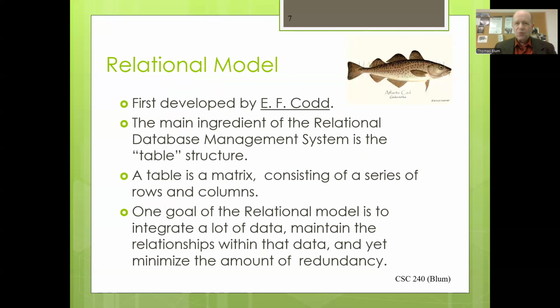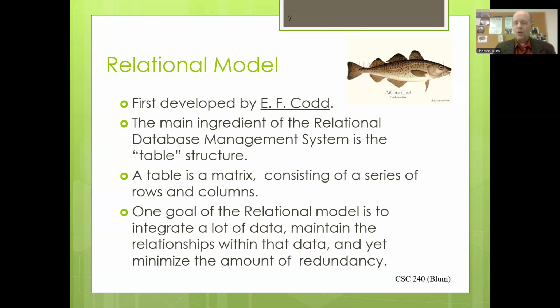Okay, so there were different databases designed historically, hierarchical and network, where the data was organized with a certain particular kind of relationship. Then Codd came along and developed the idea of the relational database and brought in this idea of the table.